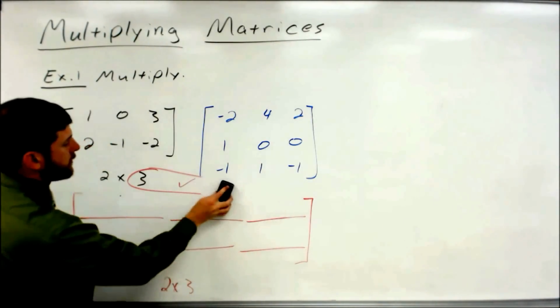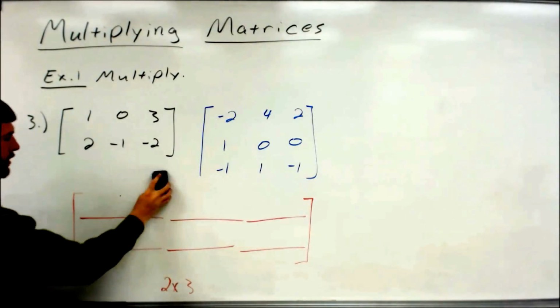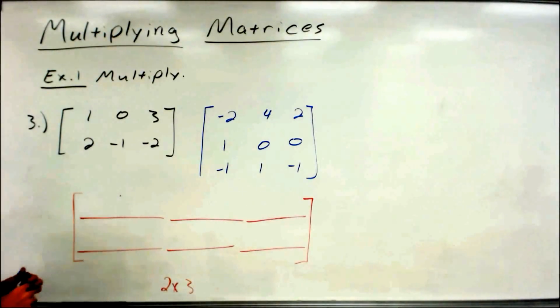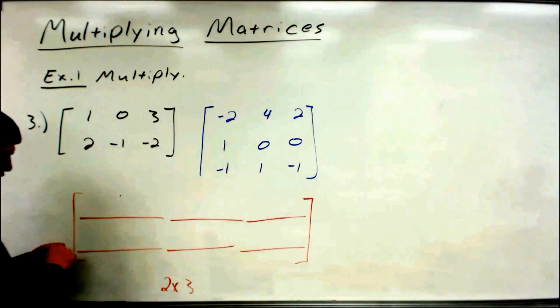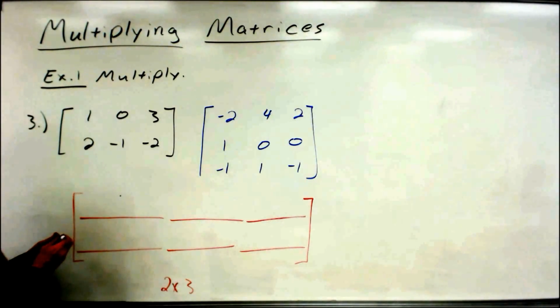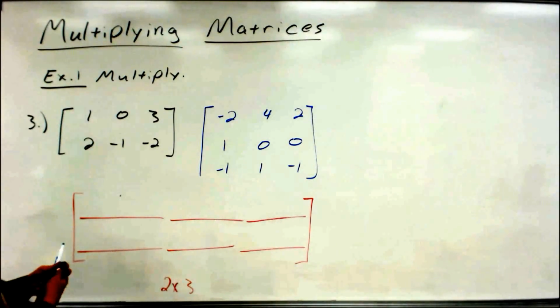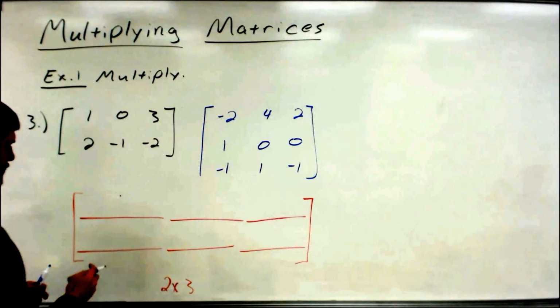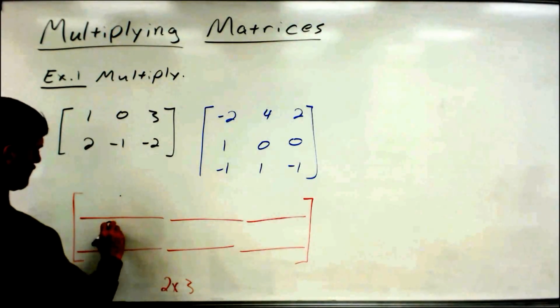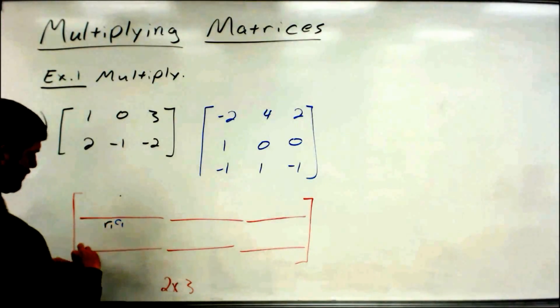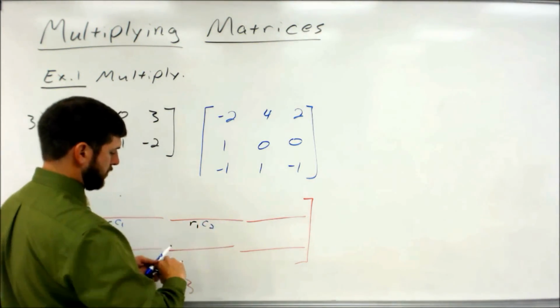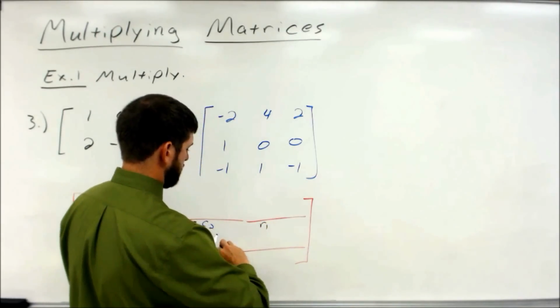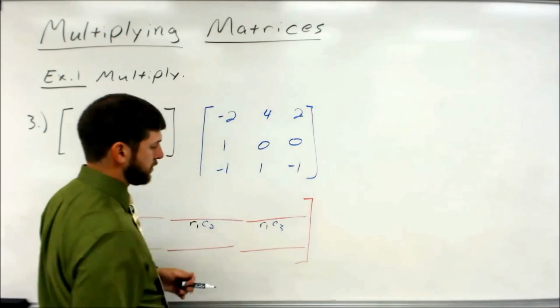Let's get rid of that, give us some room to work. And start by labeling your product matrix. Label the address of each one of them. So I have row 1, column 1, row 1, column 2, row 1, column 3.